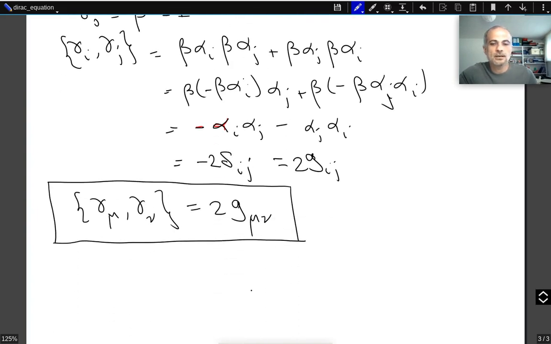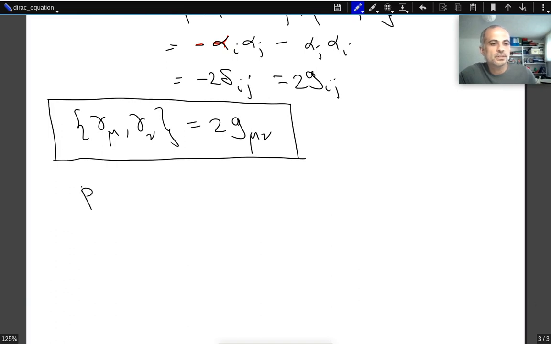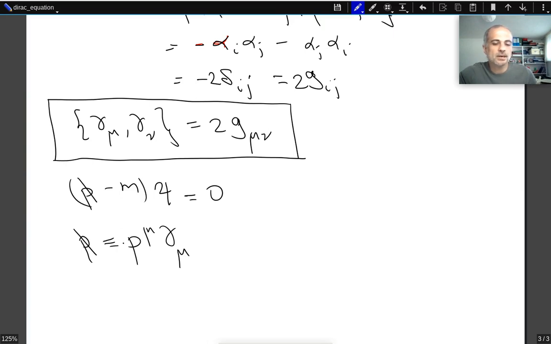And the Dirac equation is again (p-slash minus m) ψ = 0. Let me follow the convention and denote these fields by ψ, where p-slash is p_μ γ^μ. Now these gamma matrices, we didn't specify their form, but unless we want to interpret physically what the various components of this ψ are, we won't really be needing the explicit form, and we will avoid using explicit forms of these γ^μ's as much as possible.